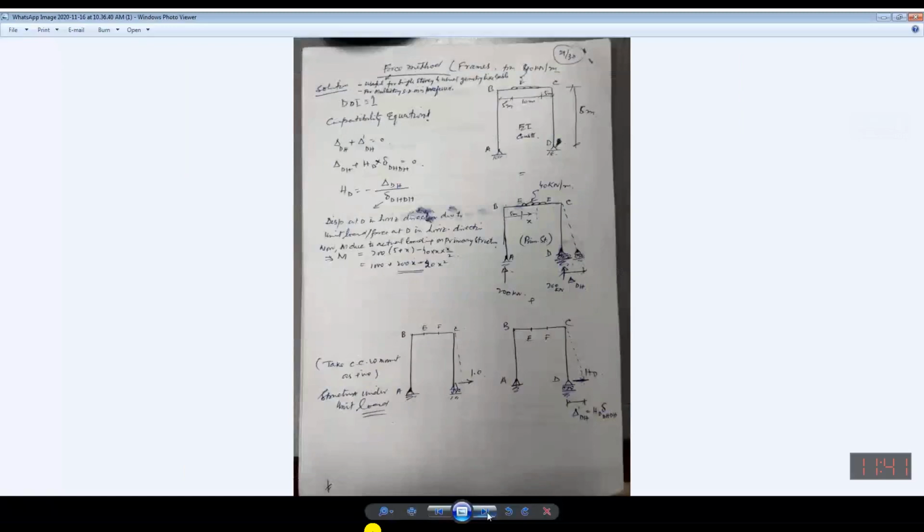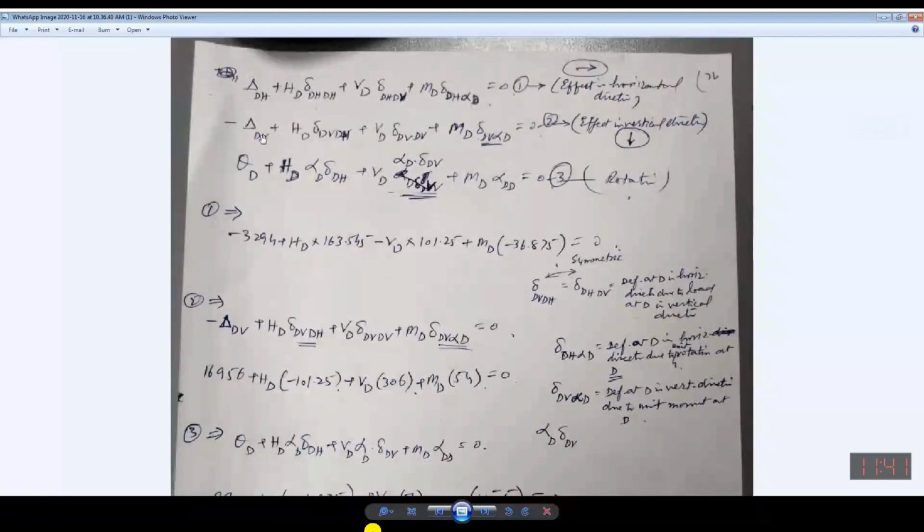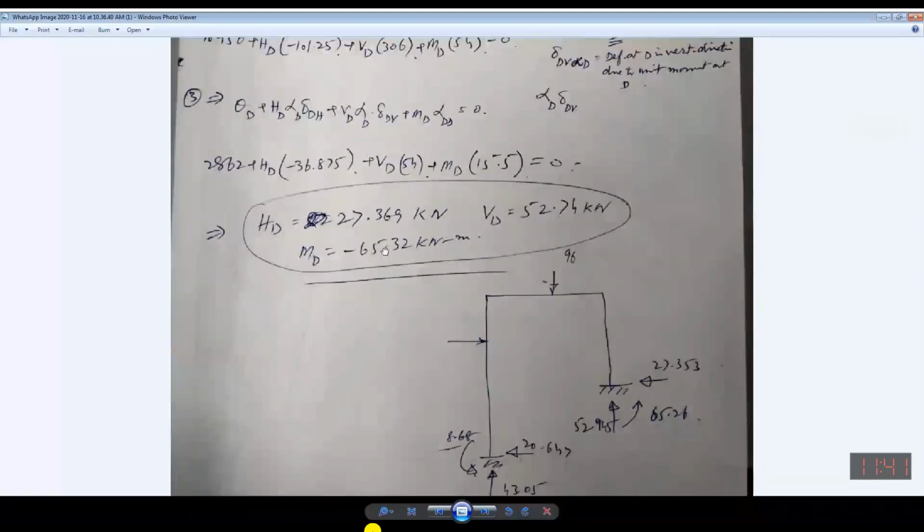You can see कि ये सारी की सारी one equation, second and third, and then ultimately you will be getting HD, VD and MD. All these forces will be calculated. Once you have done it, then in isolation, you can draw the shear force and bending moment diagram for each and every limb or segment of the structure.